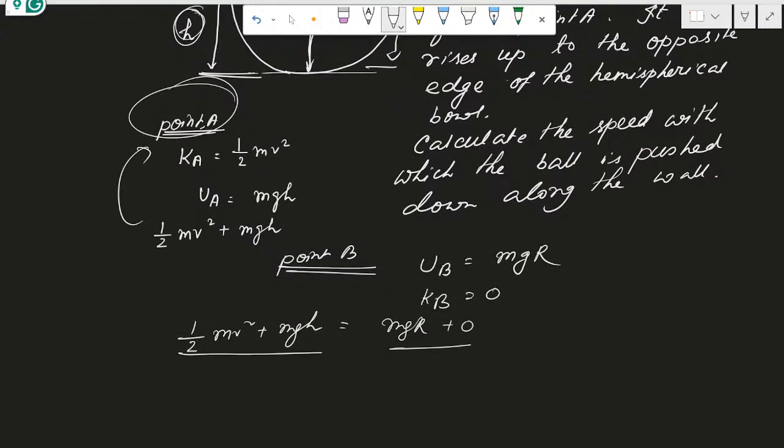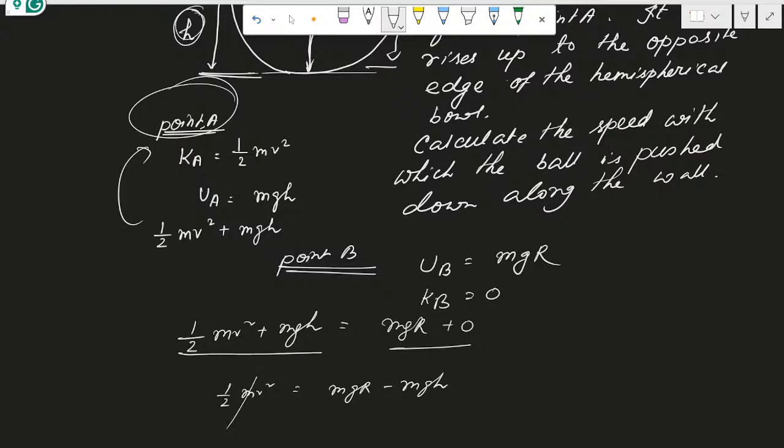Remember, that's what I have modified: point A and point B are not at the same height. Point A is at height h, and point B is at the maximum, R, the radius of the ball. So from here you need to get the speed. Half mv square is equal to mgR minus mgh.